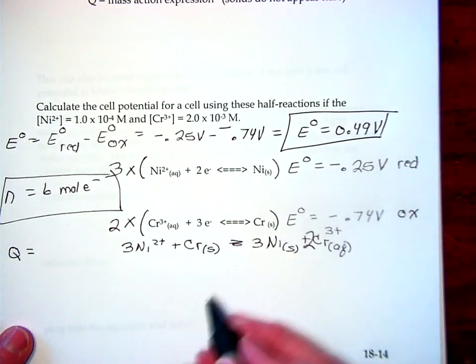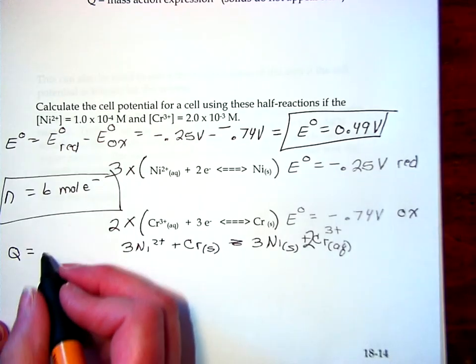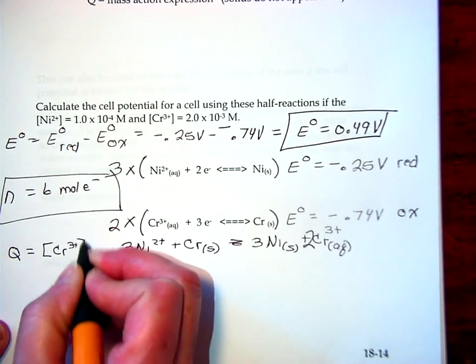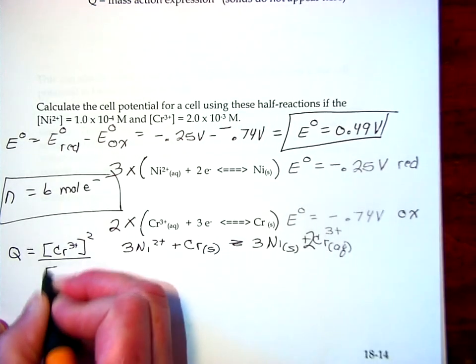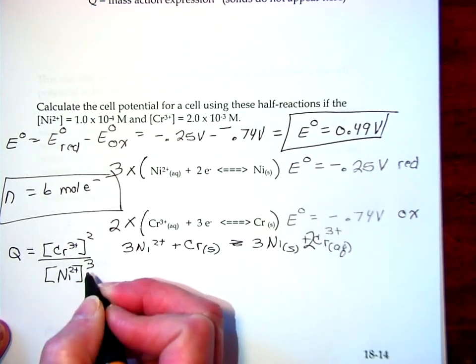So now looking at this, I can see that when I ignore the solids in my ion expression, I get the concentration of the chromium ion squared divided by the concentration of the nickel ion, that's nickel 2, cubed.